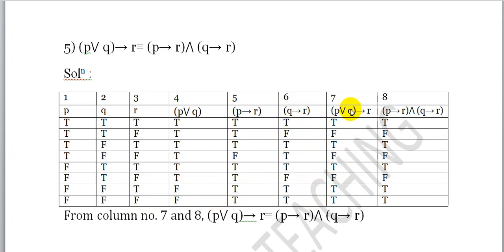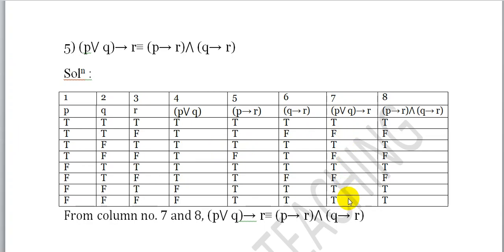After that, in the seventh column, we have to write (P or Q) to R, meaning the left hand side of the given equivalence relation. So left hand side is this. We see that P or Q is given in column number 4, and R is in column number 3. So from here to here we write single implication. Okay, same rule again, so we get column number 7.